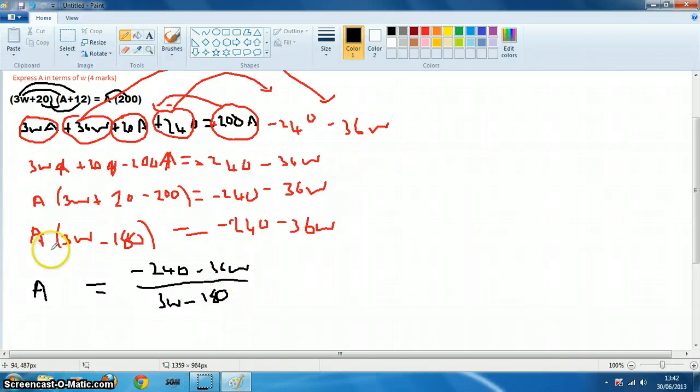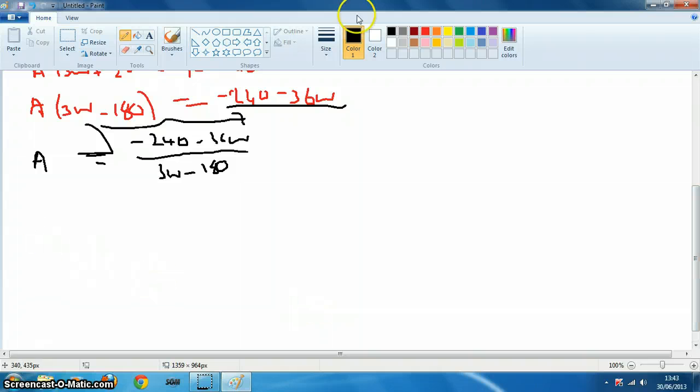What we have done here is moved the 3W minus 180, and divided by minus 240 minus 36W. The left hand side has moved to the right hand side, so it becomes divide, because A was multiplied by the 3W minus 180. So A equals 3W minus 180 divided by minus 240 minus 36W. All we have done is just divide.